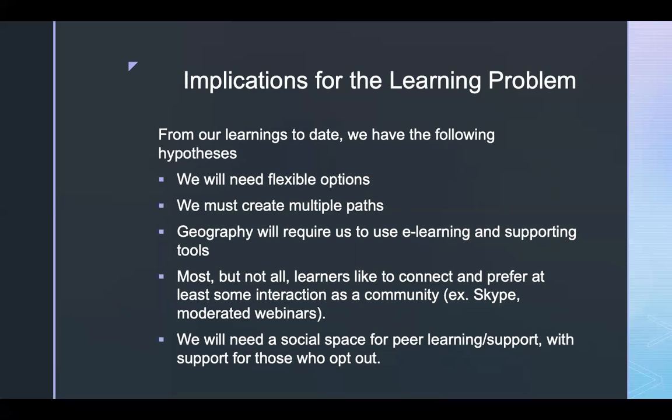And so we would need to be able to provide some additional moderated webinars or pre-recorded webinars or other tools that those folks who aren't going to engage with peers will still be accessing, key elements of learning and not be left behind.